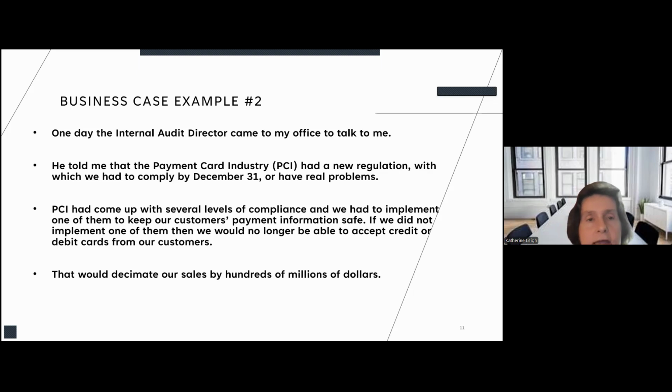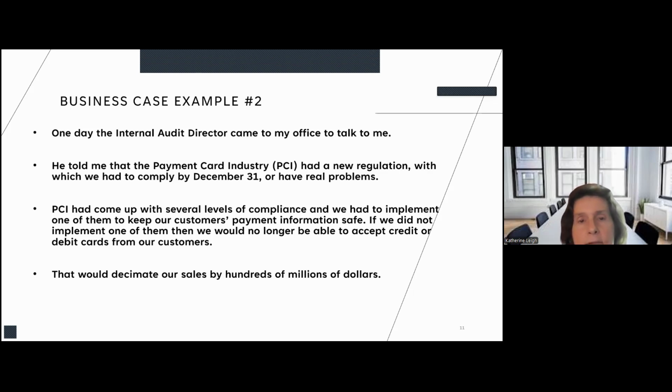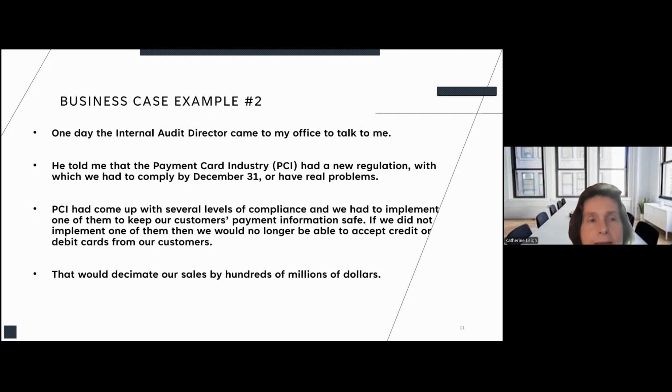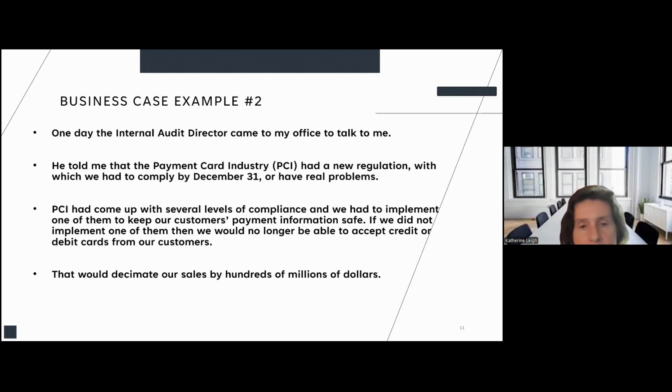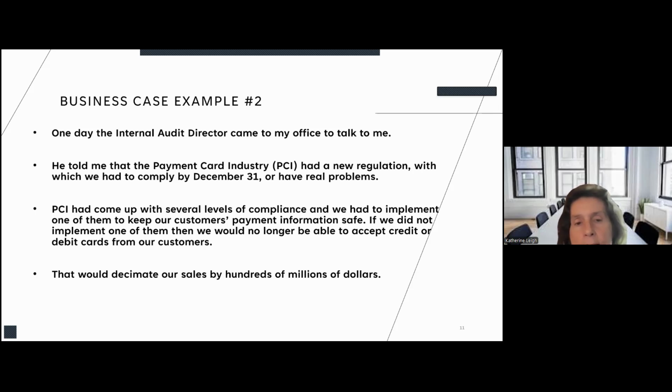This next business case example is about a risk, okay? So one day, the internal audit director came to my office to talk to me. And he told me that the payment card industry, which is known as PCI, had a new regulation that they were going to be implementing, with which we had to comply by December 31st or have real problems.